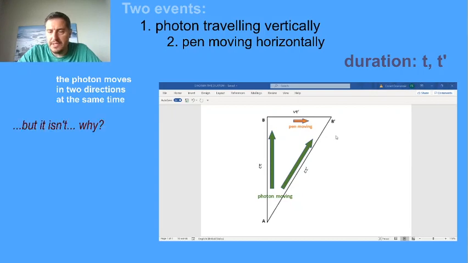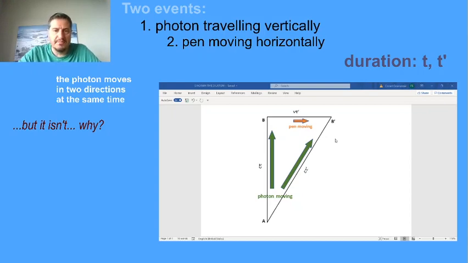But it isn't. And the question is why? And the answer to this question would be because c represents the speed limit in this universe. The speed of the photon is the largest speed information can travel with in this universe.